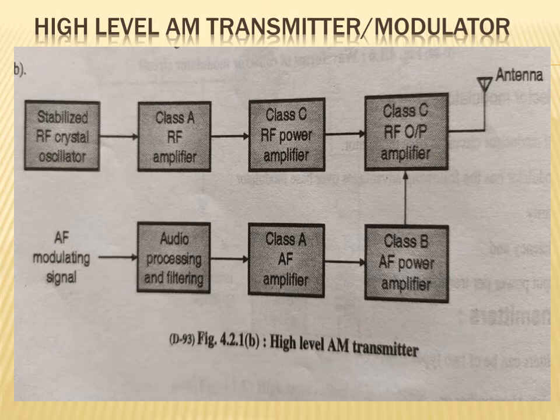The actual modulating process takes place at the class C RF output amplifier. Here the modulating signal and carrier signal are applied to the class C RF output amplifier, the modulation is done, and at the output we get the AM signal. Finally this AM signal is transmitted through the transmitting antenna.